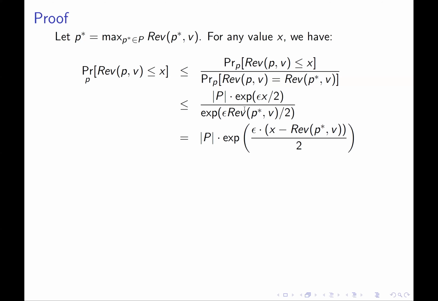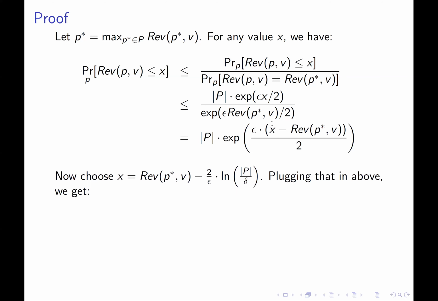And so I can rewrite this ratio, first pulling out the number of prices, as the number of prices times the exponential of epsilon over 2 times the difference between x and the revenue of the best price. I've got the ratio of two exponentials, and so I'm just subtracting off their two arguments. It's the same expression.